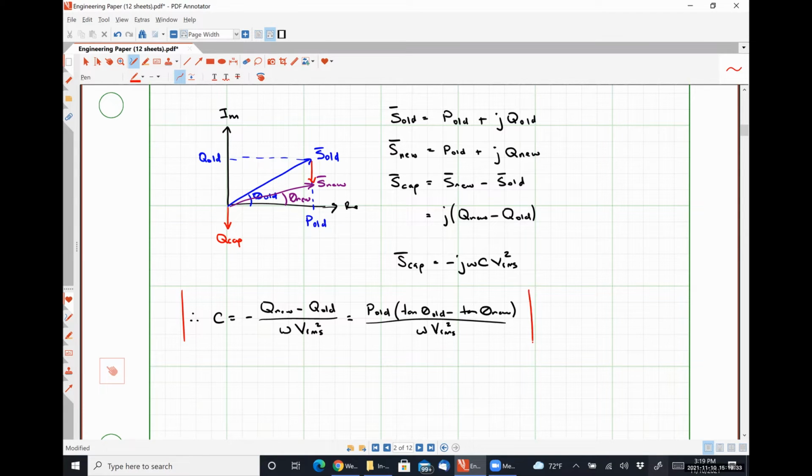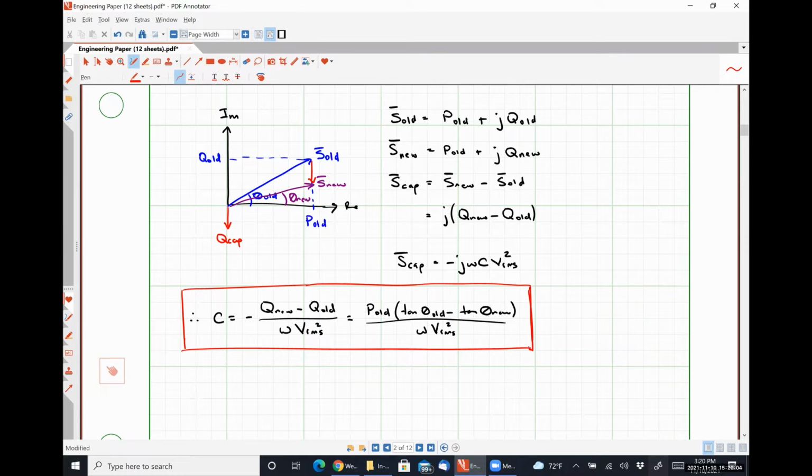So this result right here directly tells us how to size a capacitor, if we know either the reactive power that the capacitor needs to supply, or literally just the power factor angles that we started with and the one that we're aiming for. Okay.